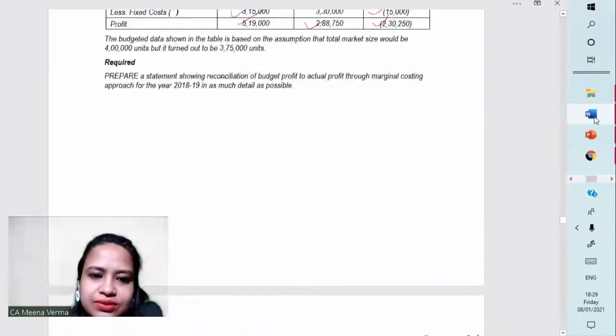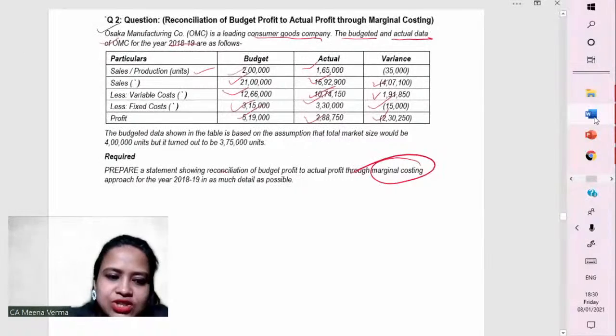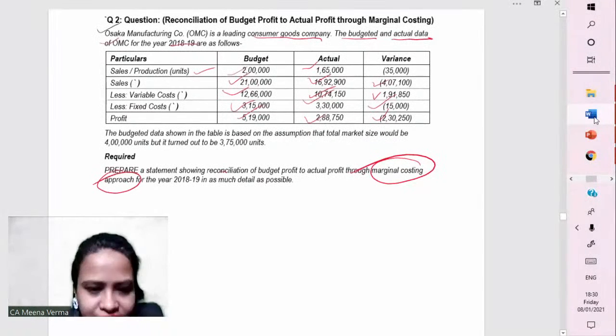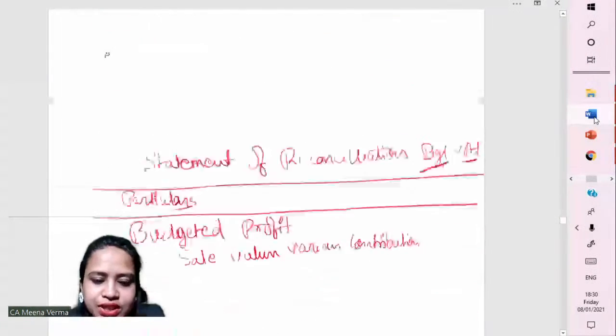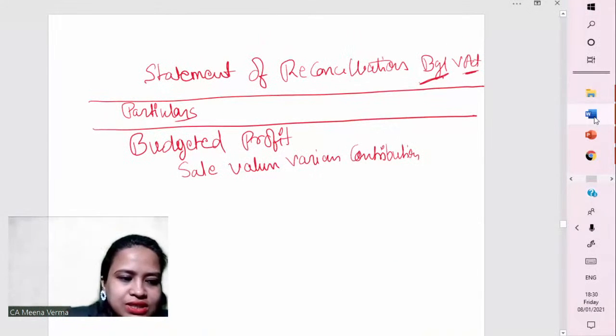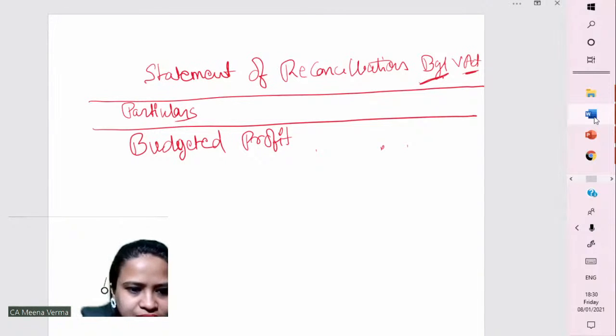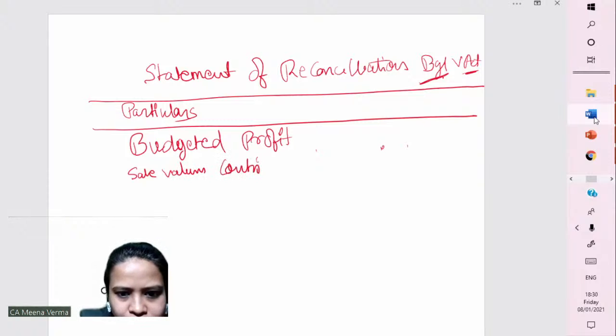You can see here, through the marginal costing approach, you have to prepare this reconciliation statement. So that is why we will consider the sale volume contribution.